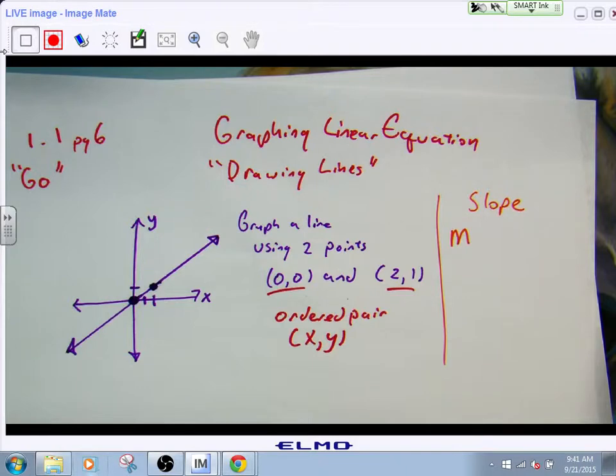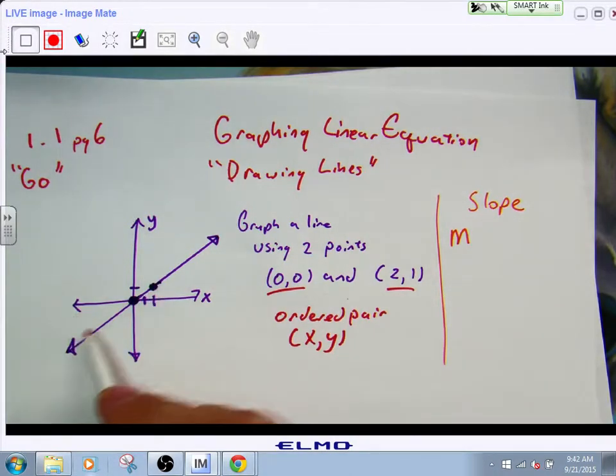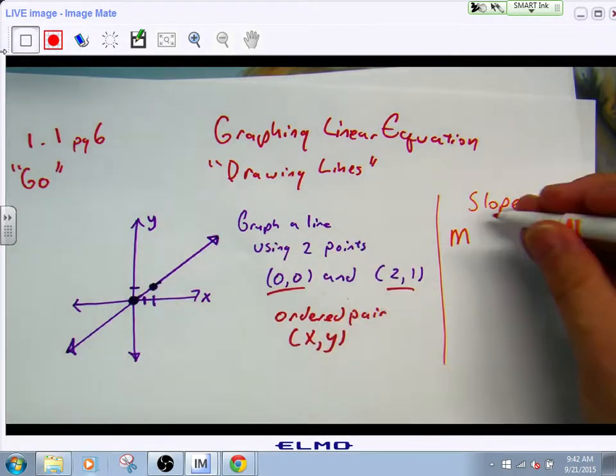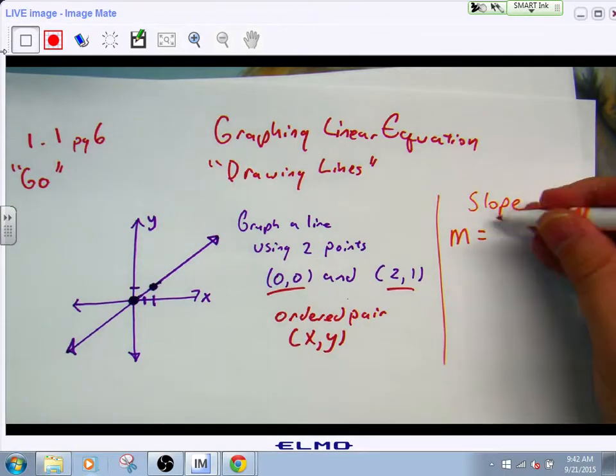Anytime you see an equation that has m in it, it is a variable like x or y, except anytime we use m, we're talking about something specific. We're talking about slope. And what slope is, well, when you look at this line, you can kind of see it's going up, right? It has a steepness to it. And that slope is better known as, the way that we normally say it is we say rise over run.